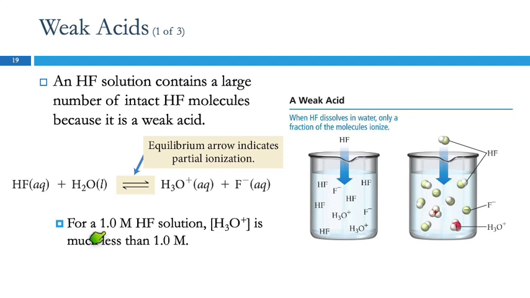So if we have a solution that's 1 molar HF, and we're interested in the concentration of the ions that it produces, we cannot say that H3O+ is also 1 molar, because a lot of it stays HF. So without more information, all that we can say is that the hydronium ion concentration is much less than 1 molar, because a bunch of it stays as HF. Any questions?